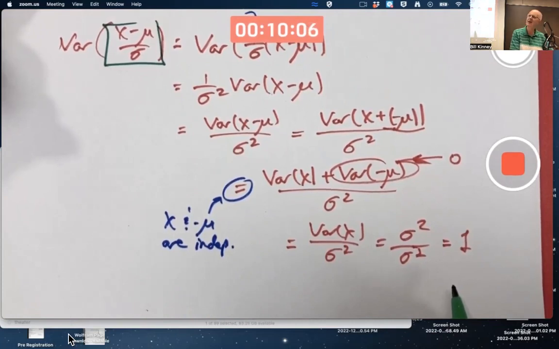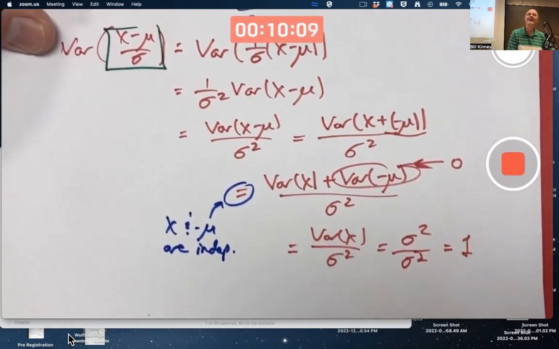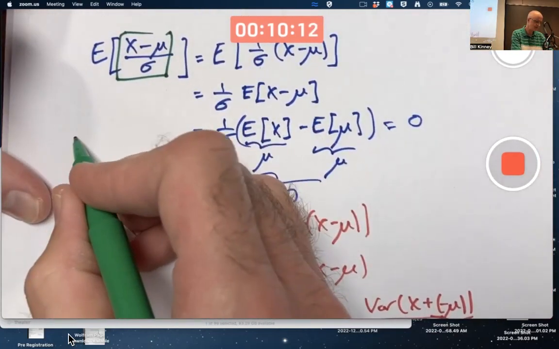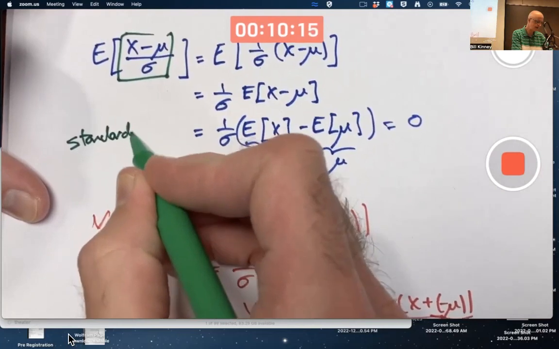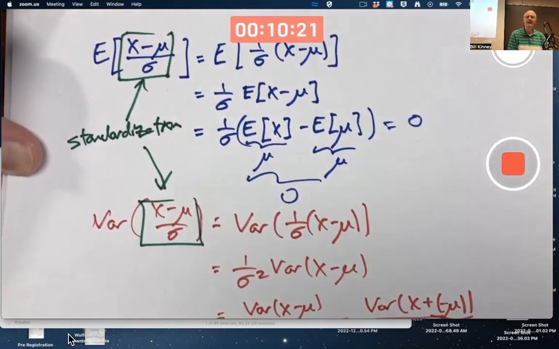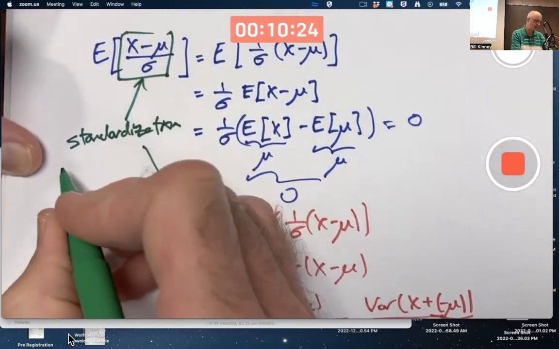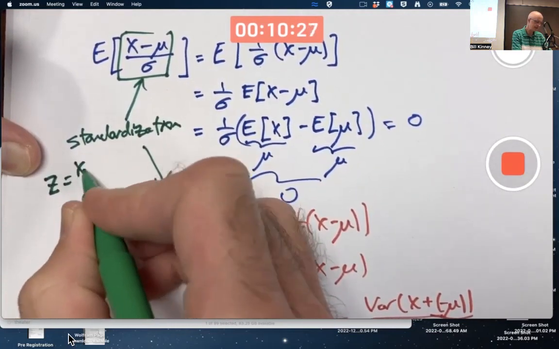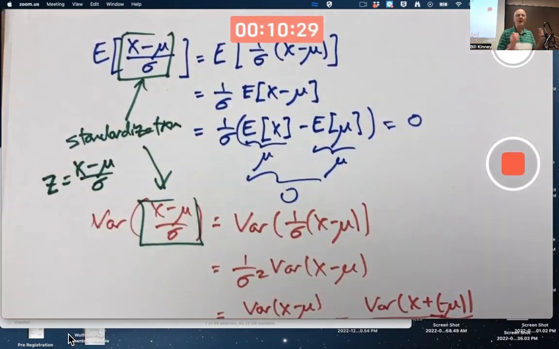That's a very standard sounding kind of thing to do. Yeah, this is called standardization. And it is very common to call this new transformed variable z. Although this can be a little bit misleading with how we're going to use the letter z later on. Most often, x will have what's called a normal distribution later on, not now.